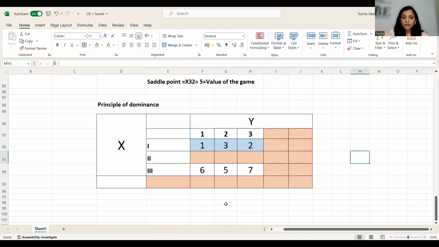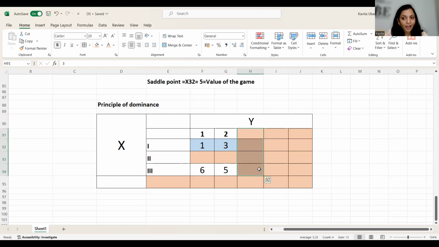Now we can compare the first column and third column again, right? So 1 is less than 2, 1 is less than 2, and 6 is less than 7. So we need to cancel out column number 3 as it has the highest numbers, or comparatively greater values. Now we have a 2 by 2 matrix with us, but still we can apply the principle of dominance.